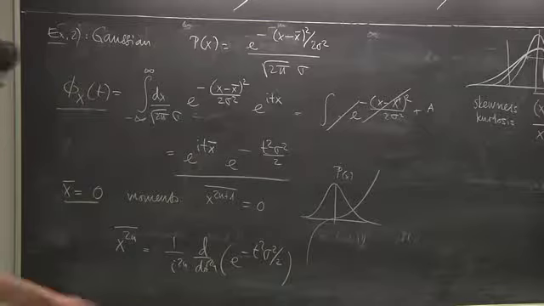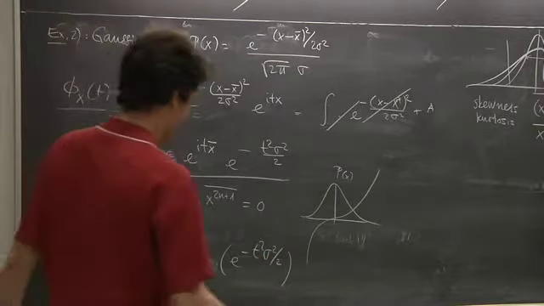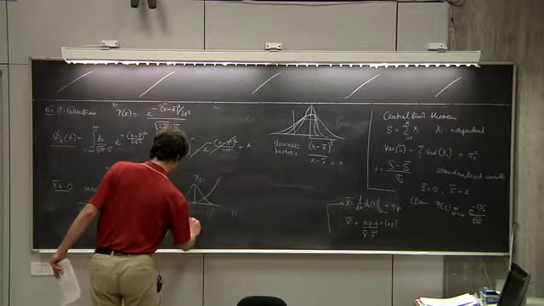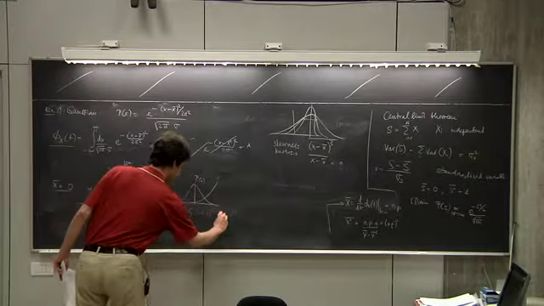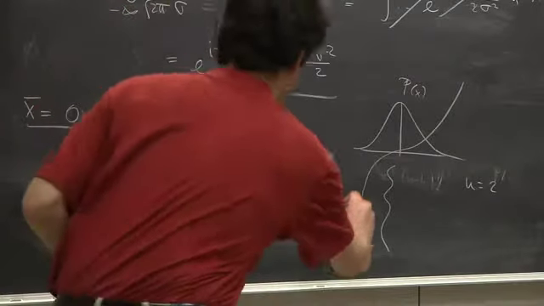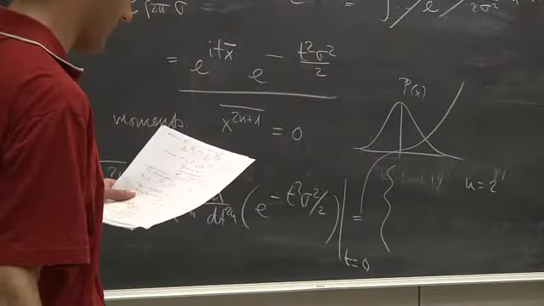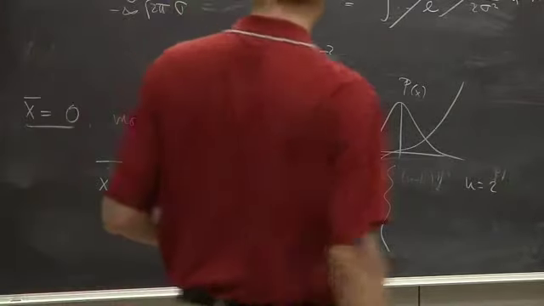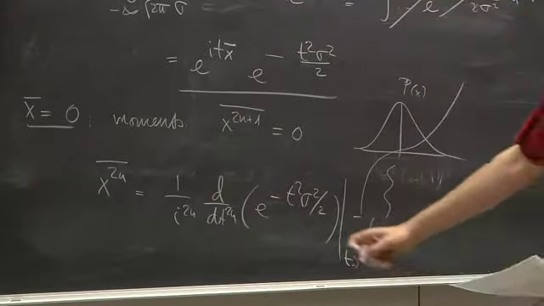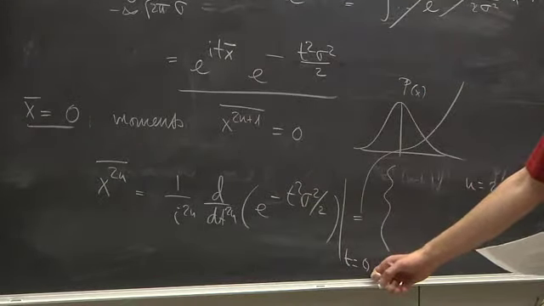Now you have to take multiple derivatives of this thing, and let's do that for a few small n's, no? So for n equals 2, in the end you have to set t equals 0, right? So you have twice the derivative, and in the end you have to put t equals 0.